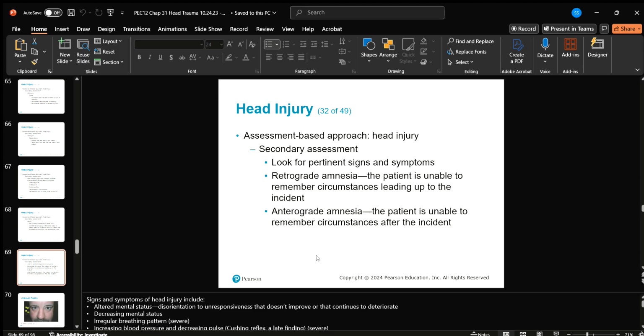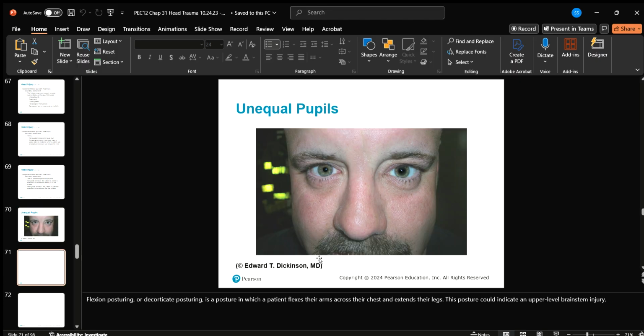Retrograde amnesia: they don't remember anything up to the incident. Anterograde is everything after the incident. So, a car accident happens and I don't remember anything about it, have no idea, even though they were alert, quote unquote, talking to you, they just have no memory of it. Anterograde, they have no memory of after the event.